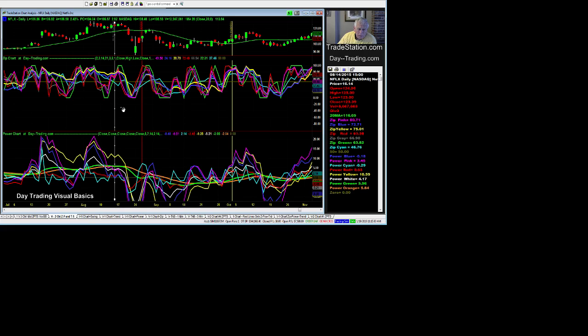And normally we like to see the zip Cyan line go up when it's the lowest, not go down. But the basic rule is that the zip green be above the zip Cyan when zip Cyan is lowest, and vice versa the other way.